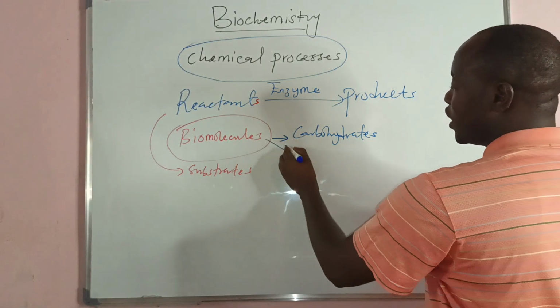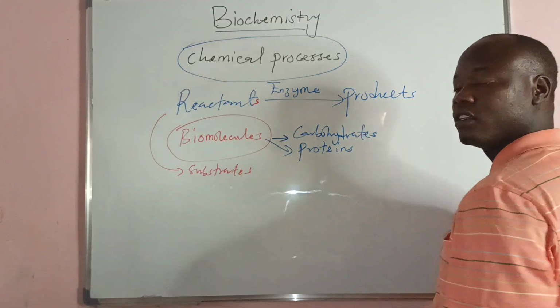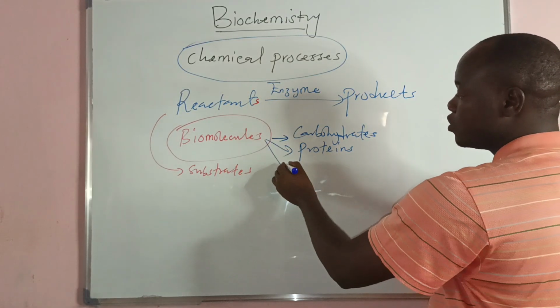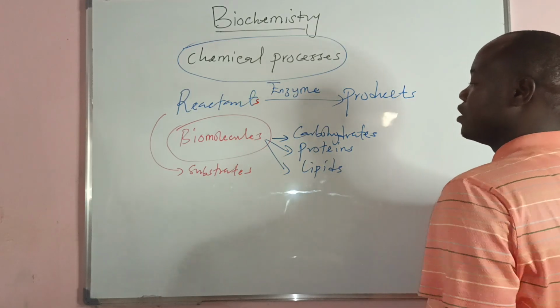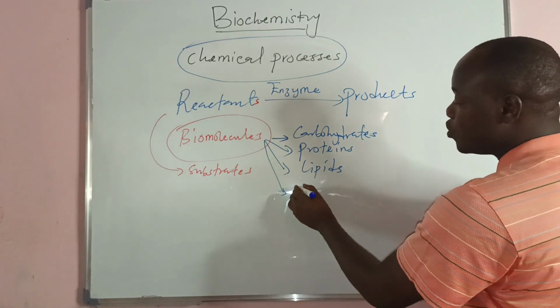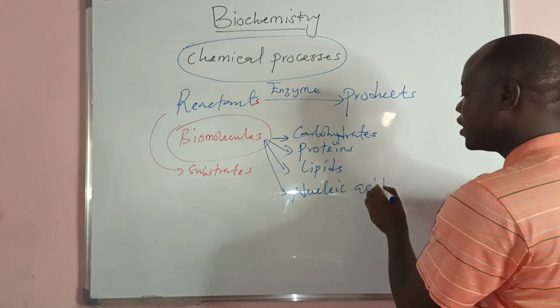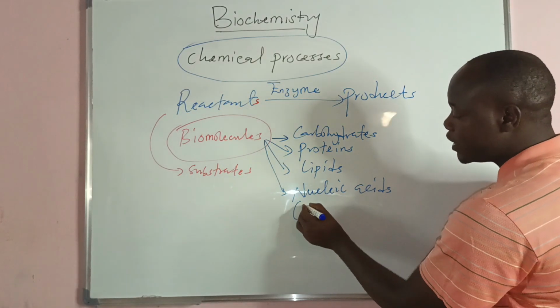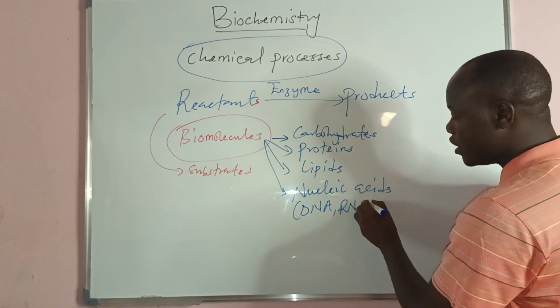And apart from carbohydrates, we have proteins. Then apart from proteins, we also have lipids. Apart from lipids, we also have nucleic acids. These nucleic acids include DNA and RNA.